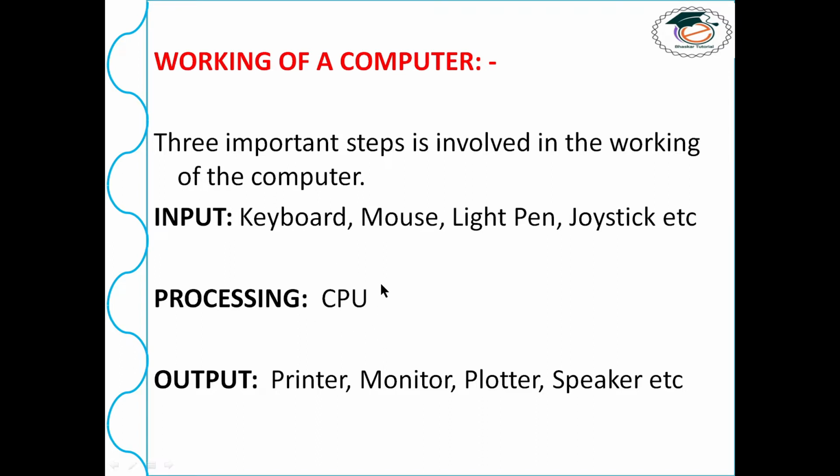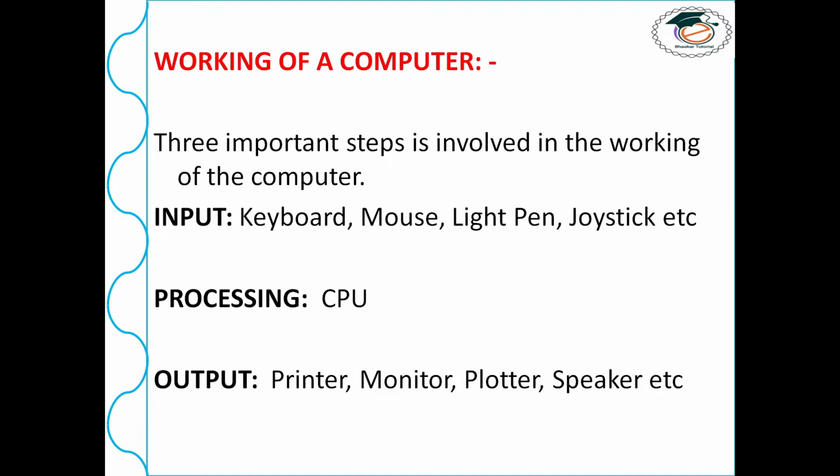Since the computer does not understand human language, whatever we put in, the computer understands only machine language, that is 0 and 1, or you can say binary code, binary digits. So whatever we put, like A, B, C, D, whatever you type, it is transferred to binary language.